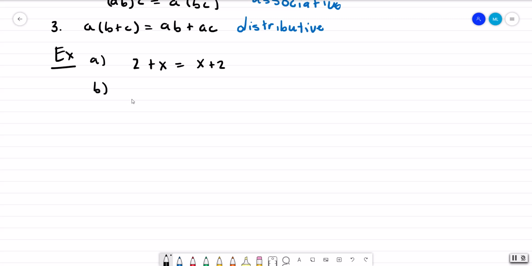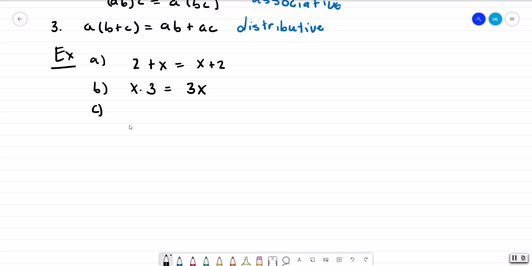Similarly, what if I was to write x times 3? Well, the commutative property for multiplication says that that's the same as 3x.